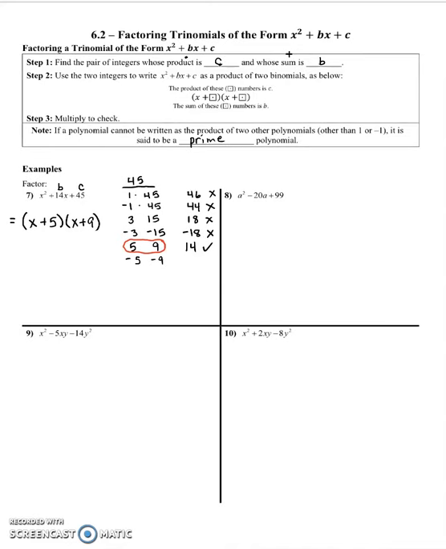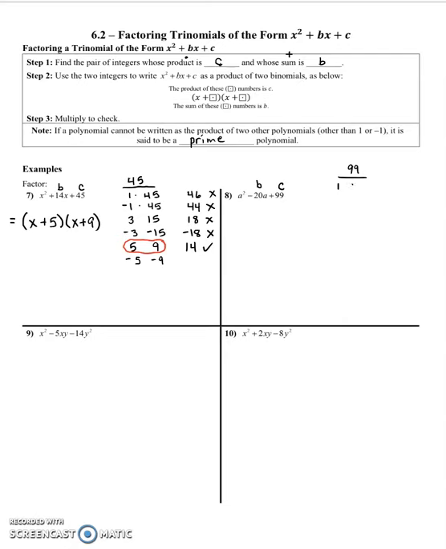Okay, let's try number 8. So b is -20 and c is 99. So we need everything that multiplies to give us a positive 99.